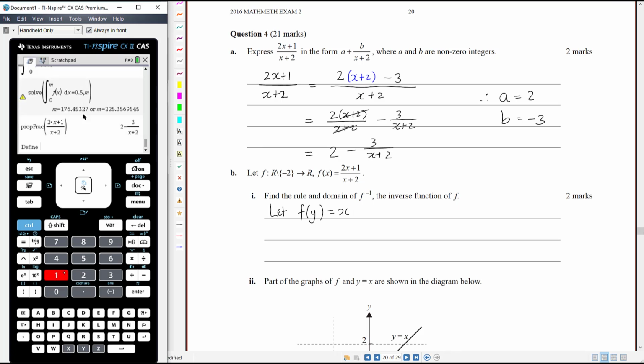I'm going to define f of x as being equal to (2x plus 1) over (x plus 2). And I'm going to get my CAS to help me here possibly, see what it gives me. Sometimes it's a bit ugly. If I solve f of y equals x for y, it's not too bad.